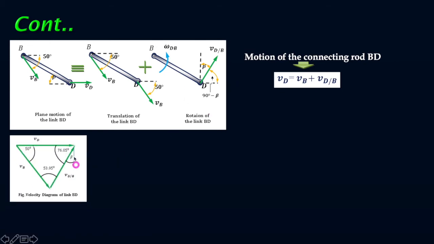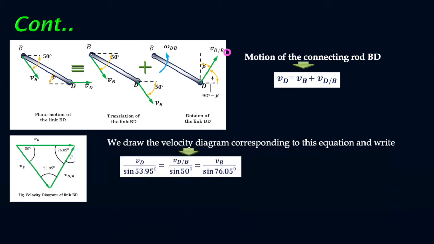Then what's the velocity diagram? Let's draw the velocity diagram here. For this link BD, the velocity diagram has VB in the rightward direction, same as this one, and this velocity diagram is parallel to this one.